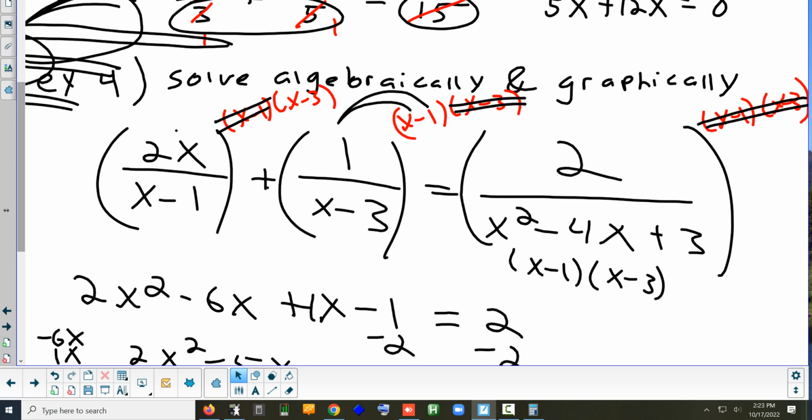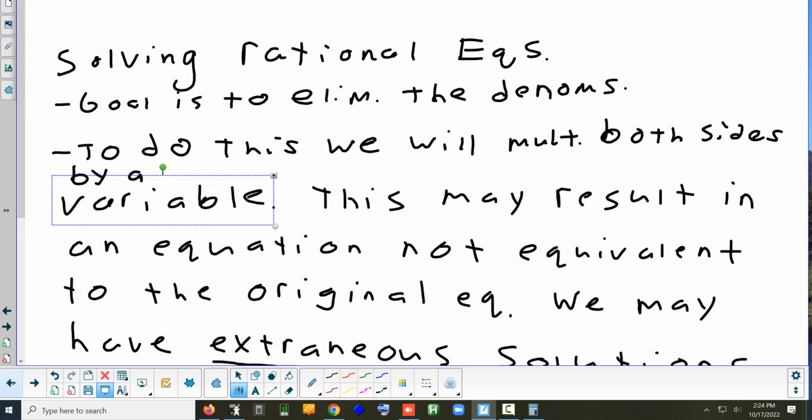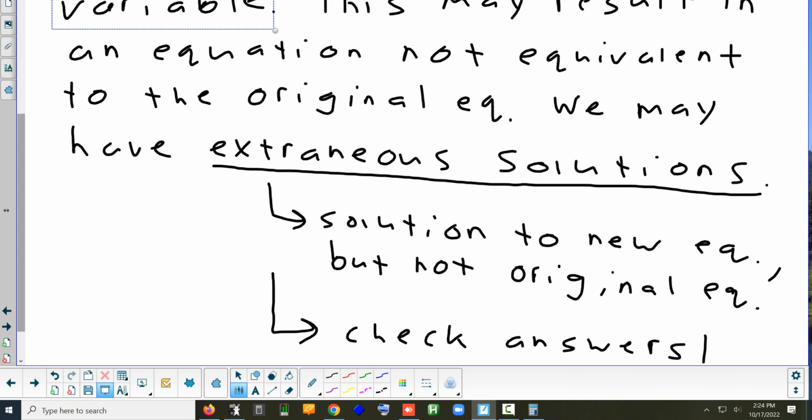Okay, so the middle one would be 3 minus 3, which would give me a 0 here. And 3 minus 3 would give me a 0 in this one too. So 3 is what we call an extraneous solution. It's an answer that works in the equation that we made by solving the problem, but it doesn't work back in the original.